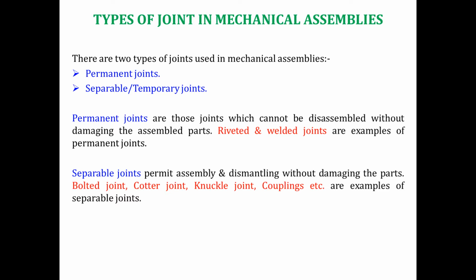So when it is the case of railway bridges or other big structures, will I go for separable joints or permanent joints? Which joint will I use to assemble all the parts of big structures? Separable joints or permanent joints?